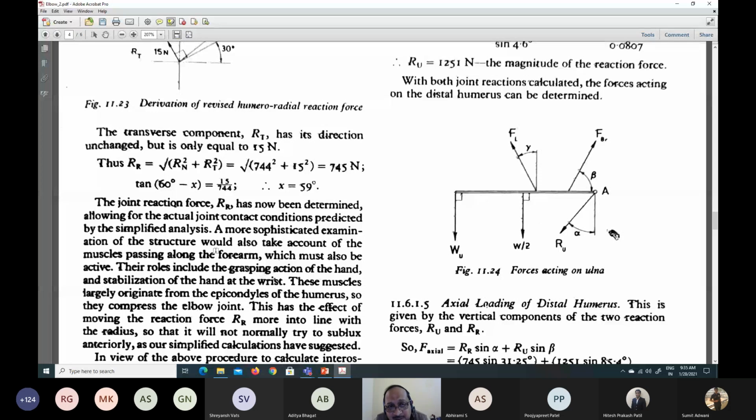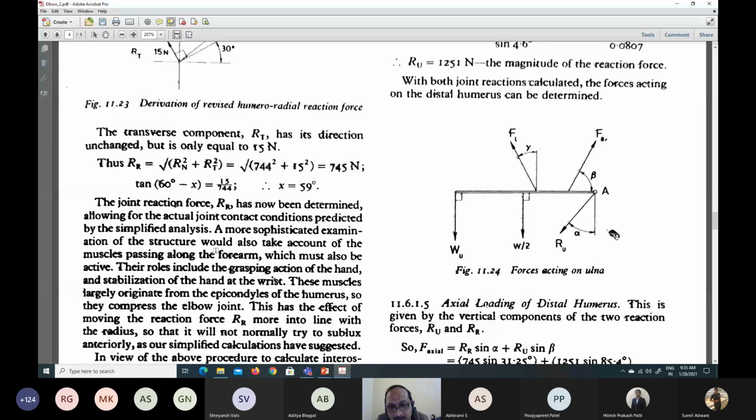It would also take into account the muscles passing through the forearm. Apart from the structure, we will also take up the muscles passing in the forearm, which, to whatever extent, be it minor or major, will have some influence on the calculation of the joint reaction force.